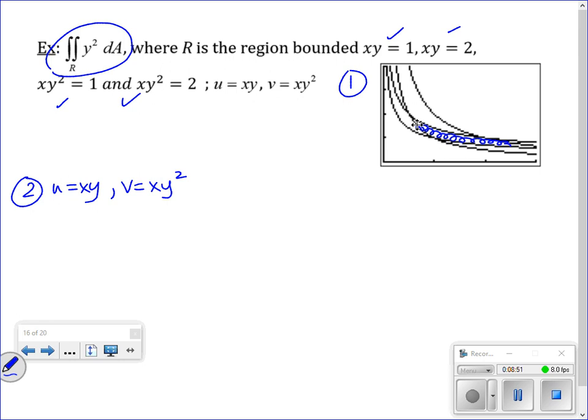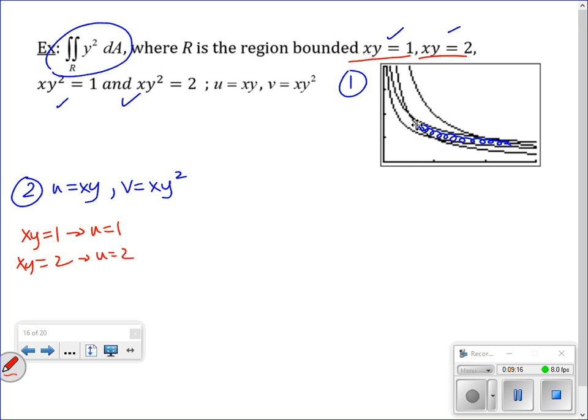So you can easily see I was given this right here. So my bounding equation is xy equals 1. So xy equals 1 turns into u equals 1. And then the other equation is xy equals 2 right here. So that turns into u equals 2.